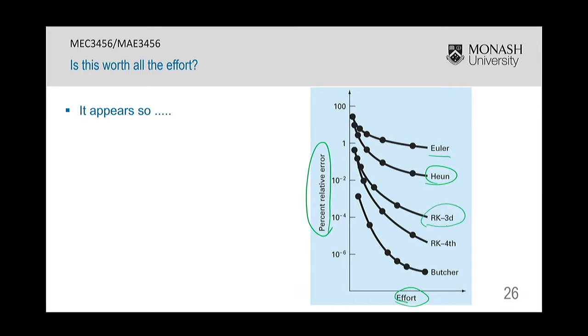There's a third order Runge-Kutta method that we didn't look at here. The fourth order Runge-Kutta method is doing much, much better, certainly than the Euler method. We're at less than 10 to the minus 5 error for RK4 for the same amount of effort. There's another scheme, which we're not going to go into in this unit, called the Butcher scheme, which does even better than RK4. So it's a lot of effort, but it's definitely worth it.